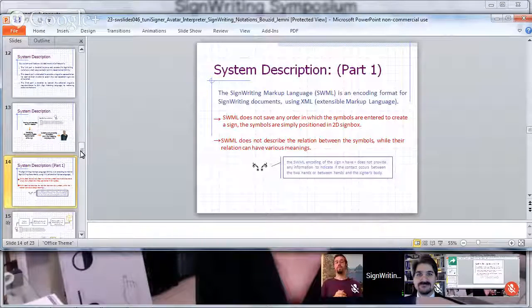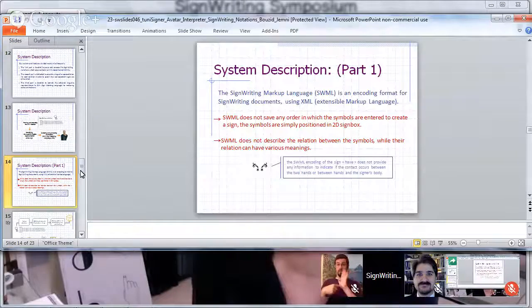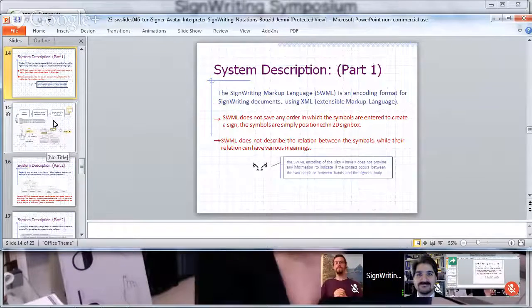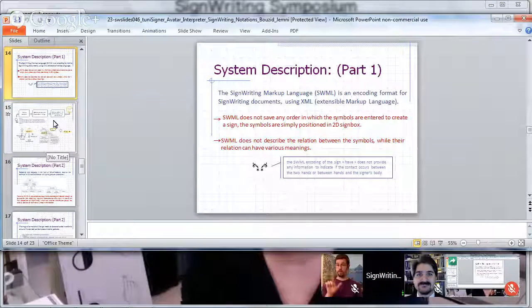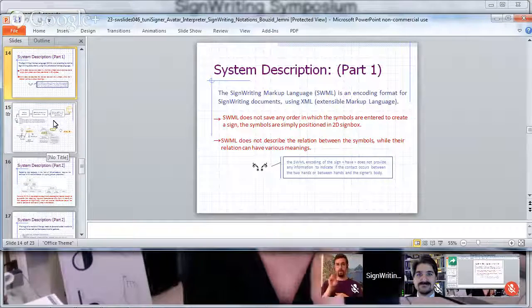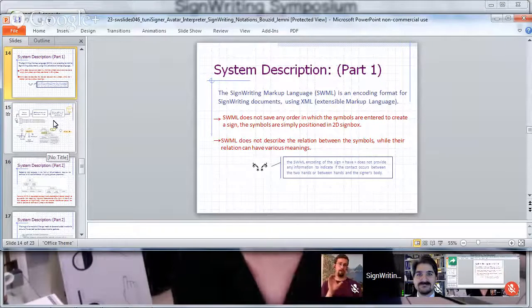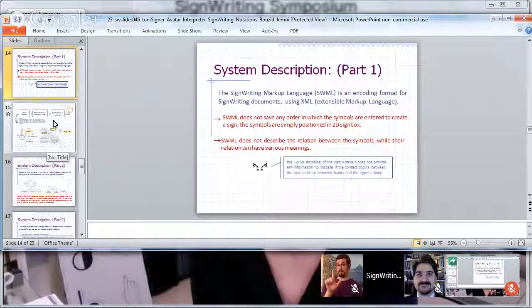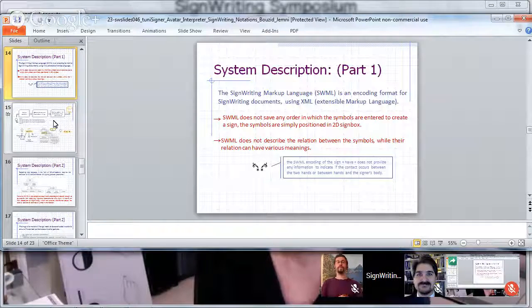System description part 1. The SignWriting markup language, SWML, is an encoding format for SignWriting documents using XML, which is extensible markup language. SWML does not save any order in which the symbols are entered to create a sign.